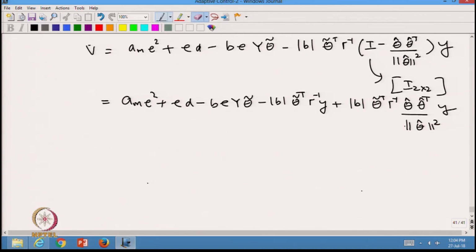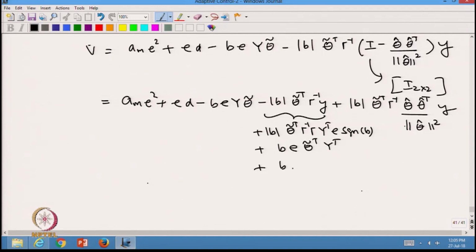If you look at just this term here, let us try and simplify this. We will substitute for y, what we get is plus B e theta tilde transpose y transpose, and then since this is a scalar, you can take the transpose and nothing will change, we get y theta tilde transpose.